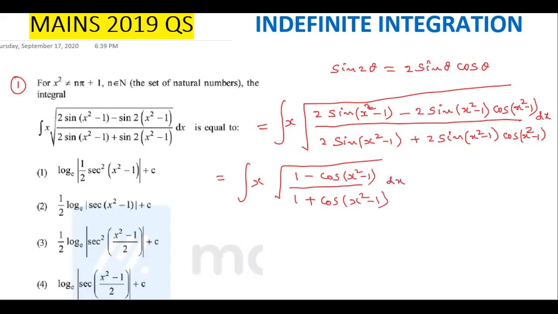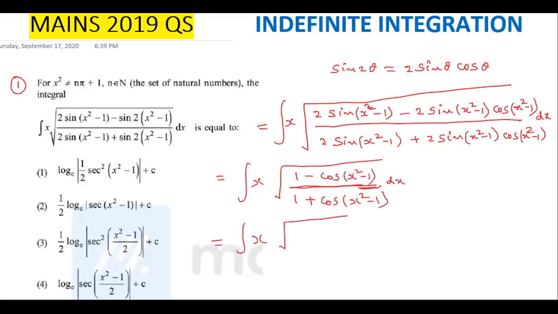And here we know that 1 minus cos theta formula is 2 sine square theta by 2, and denominator 1 plus cos theta formula is 2 cos square theta by 2. 2 will cancel. Sine square divided by cos square, we get tan square.